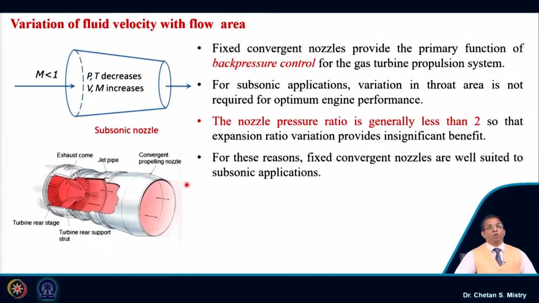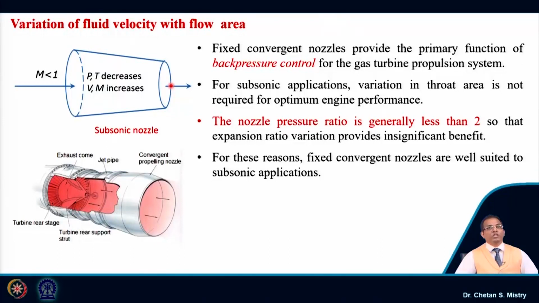Okay. Now, let us try to look at what we mean by nozzle. Suppose I say my entry Mach number is subsonic, and I want to accelerate my flow, that means I want to increase my Mach number.